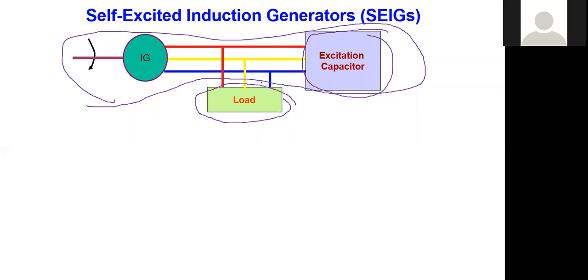The problem with the self-excited induction generator is that when you are using variable speed applications, the voltage and the frequency are variable, so this type of generator is applicable for variable speed operations.